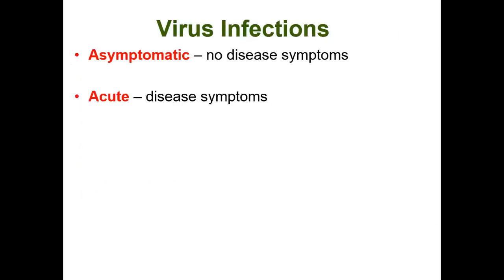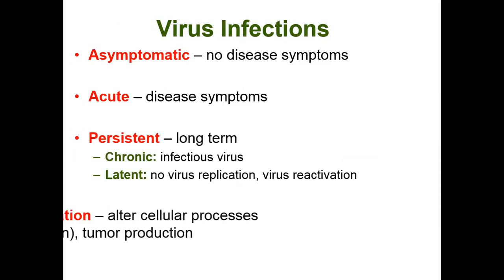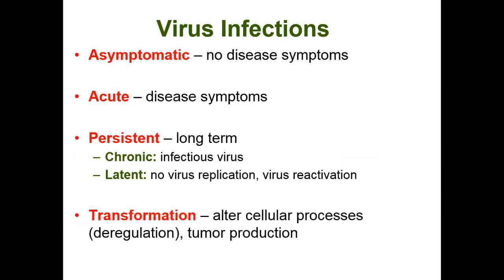Next slide. This slide is called virus infections, or some people call it patterns of virus infection. There are four different ways in which a viral infection can manifest its clinical signs and symptoms.